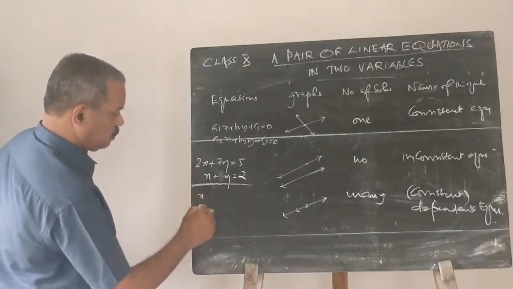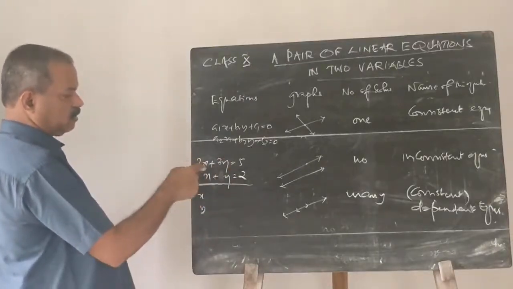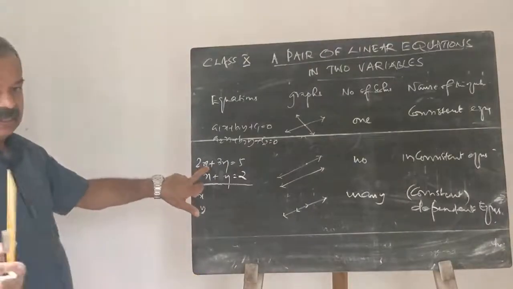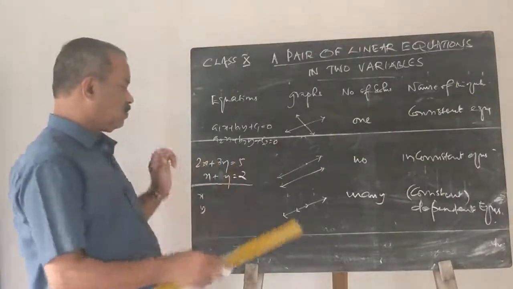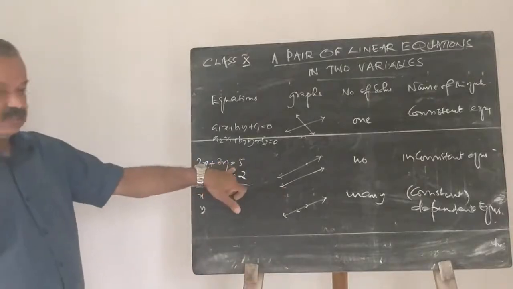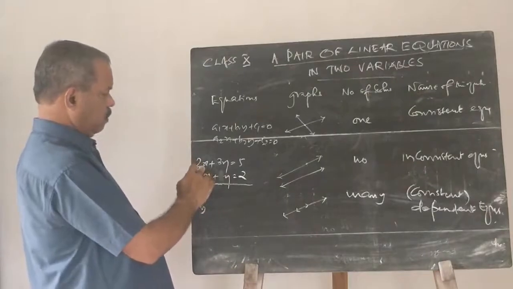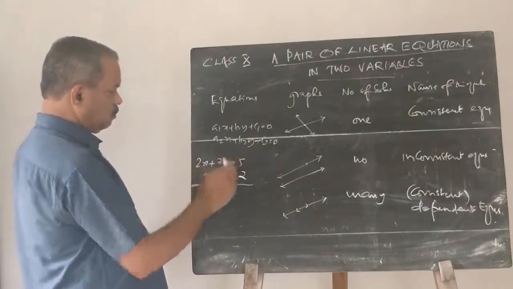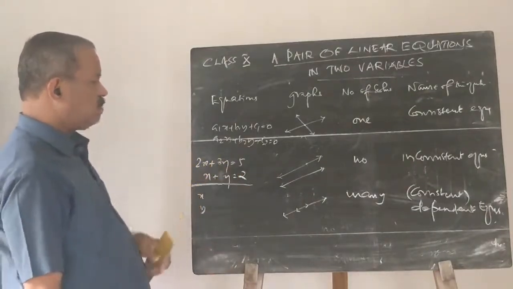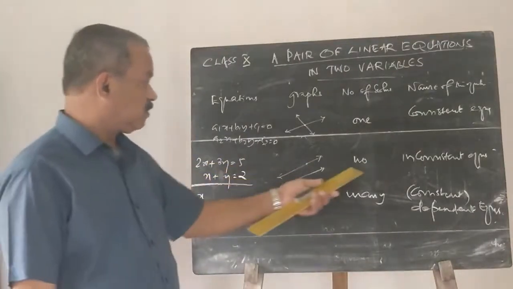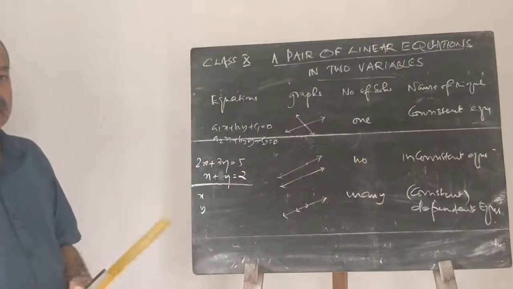For the first equation, give a value for x. The easiest way of finding the coordinates for drawing the graph is this. Put x equal to 0. Then we get y equal to 5 by 3. Then we get a fraction. If we get a fraction, it is difficult to mark it in the Cartesian plane.